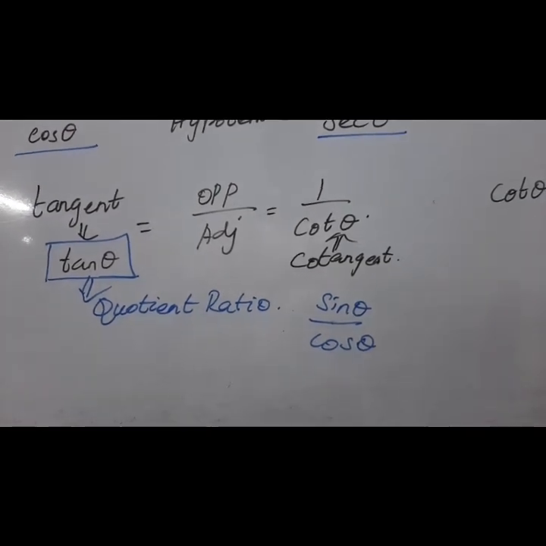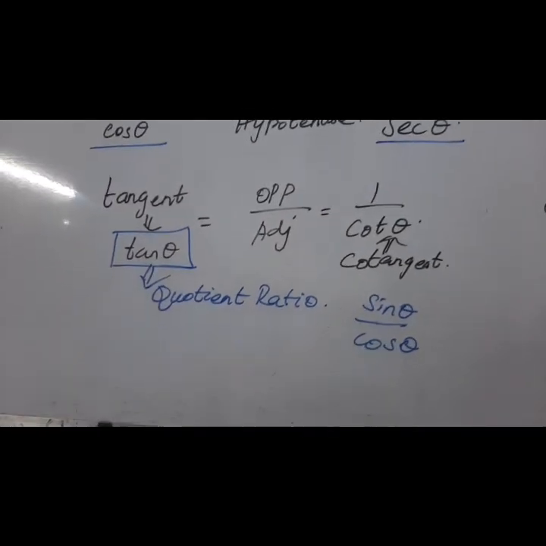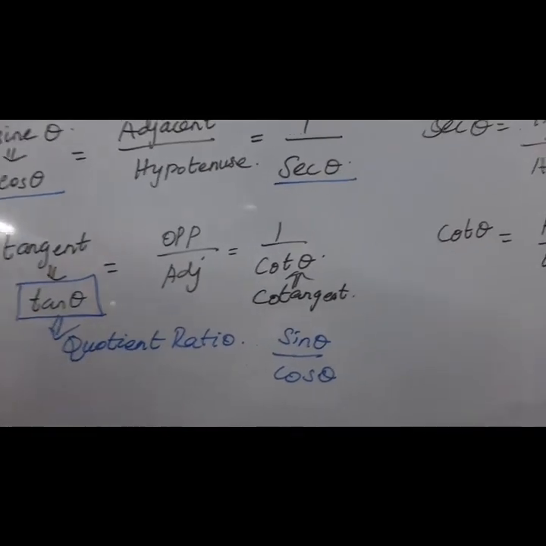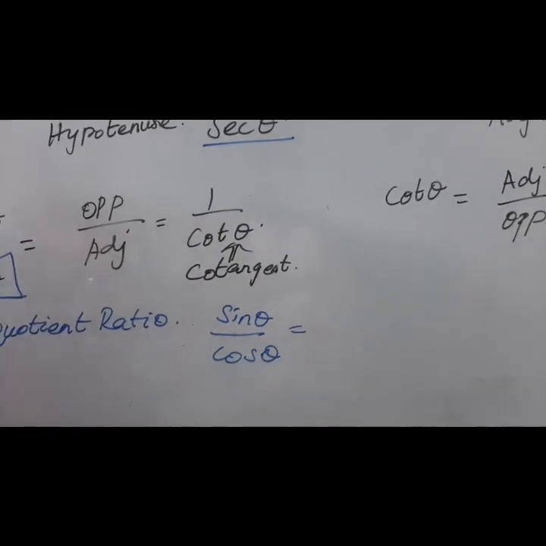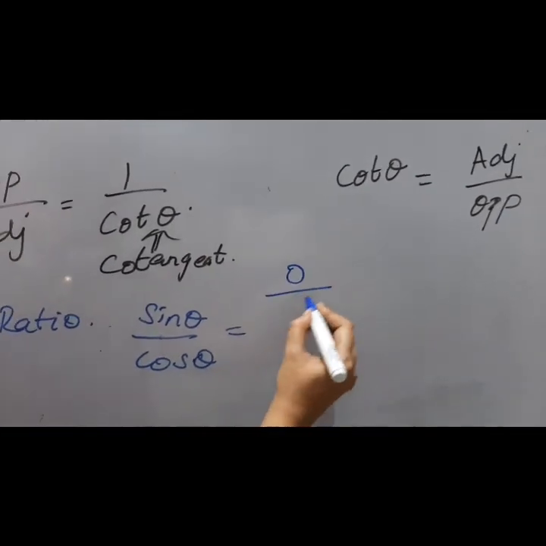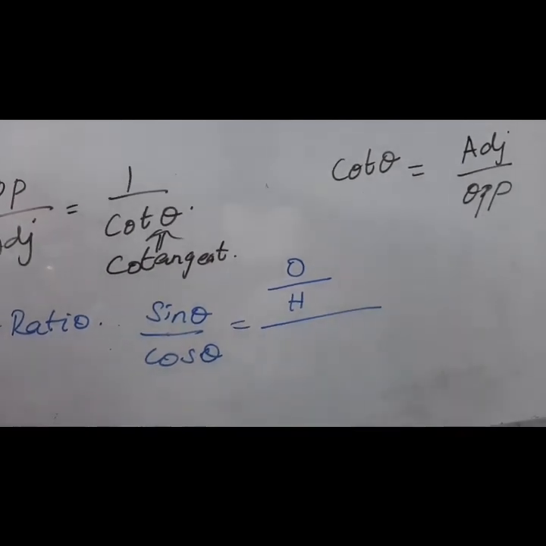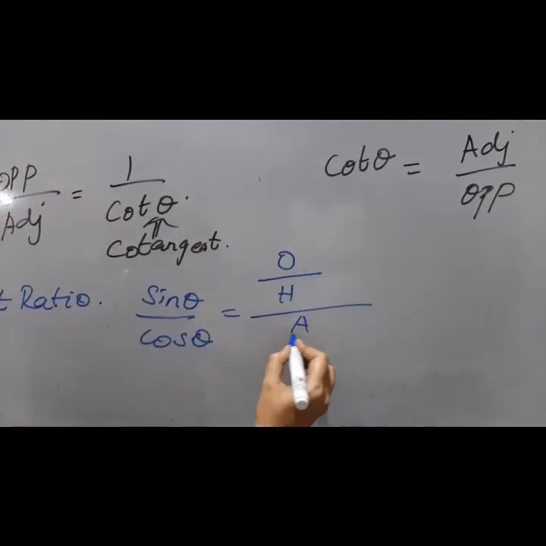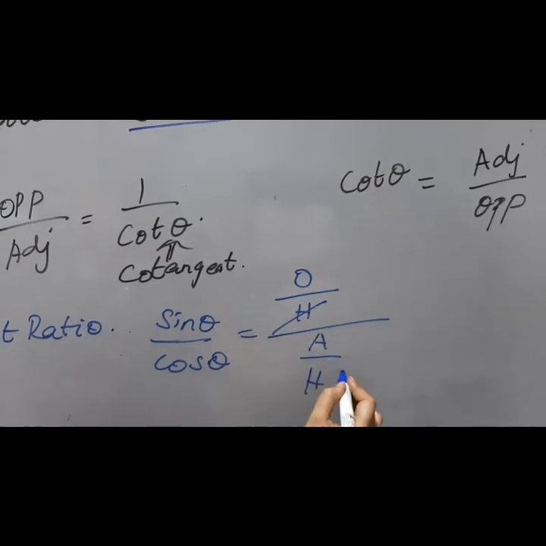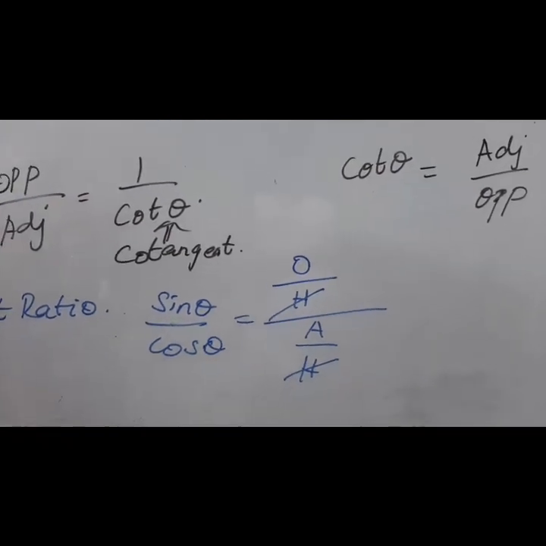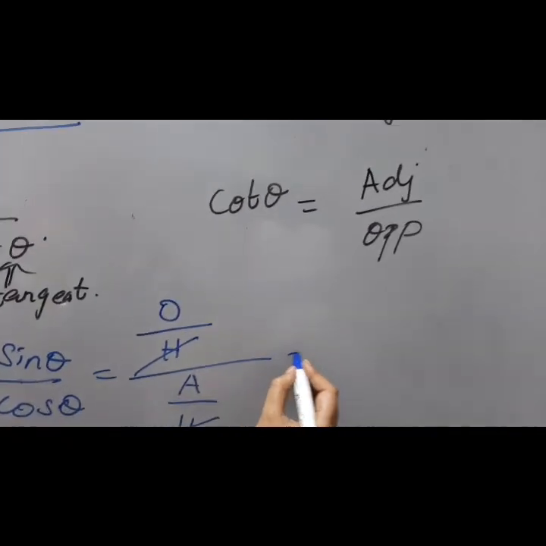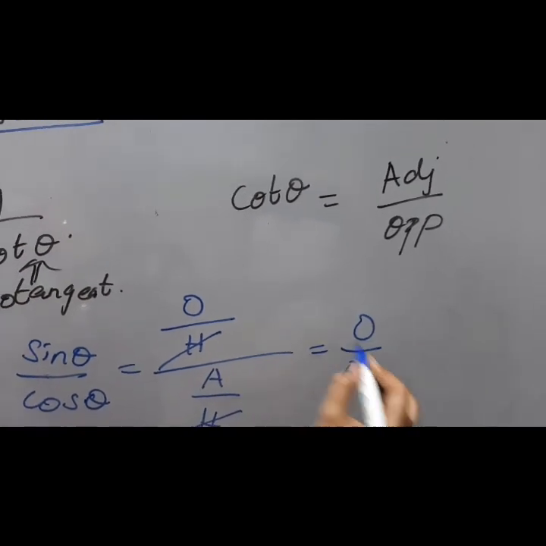That is why tan theta is otherwise called a quotient ratio. So how will we get that? What is sine? Opposite upon hypotenuse. What is cos? Adjacent upon hypotenuse. If I cancel hypotenuse and hypotenuse, I'll get opposite by adjacent.